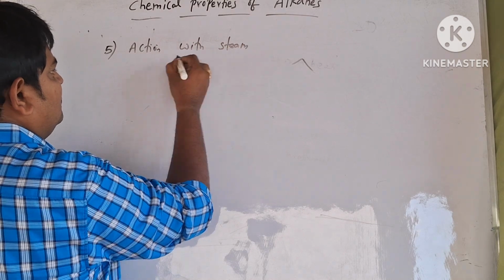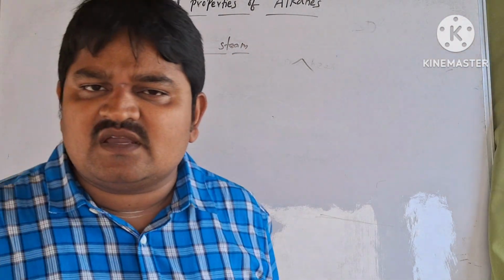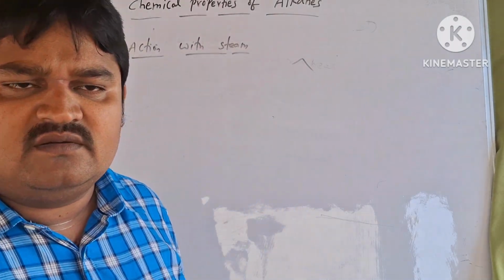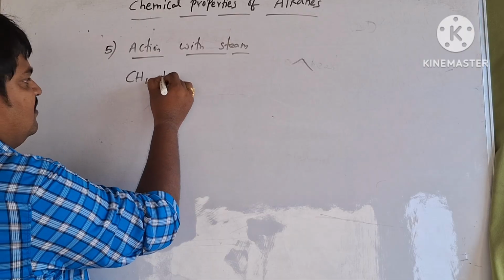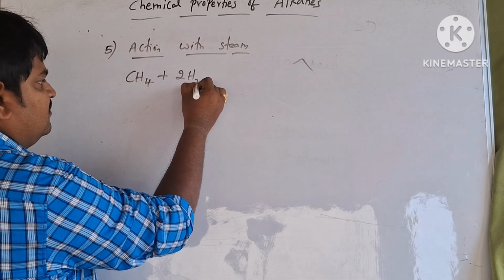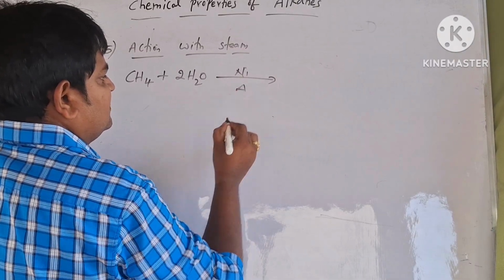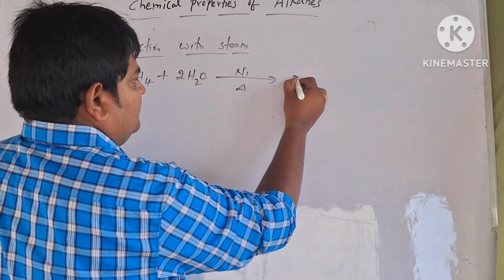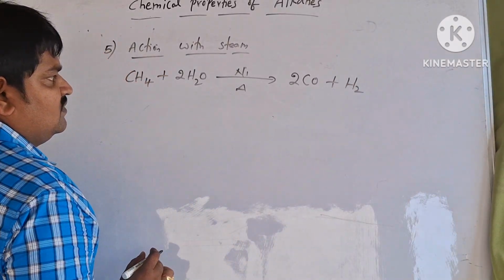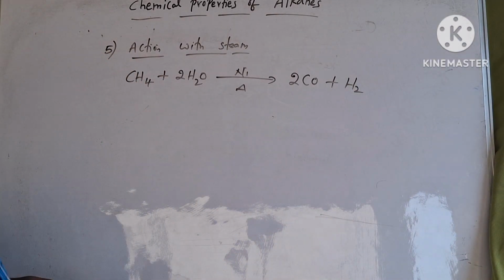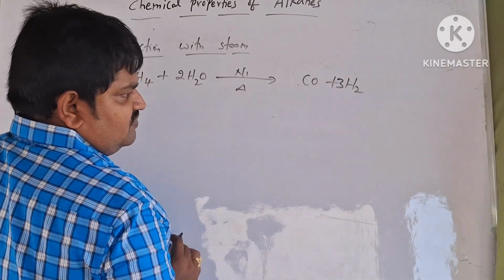Whenever an alkane reacts with steam, what is meant by steam? Here the steam is nothing but water vapor. Here I will take the alkane methane reacting with two water molecules in the presence of a nickel catalyst. I will apply some amount of heat. Here they will form 2CO plus H2. If we balance the reaction, here CO plus 3H2 is there.